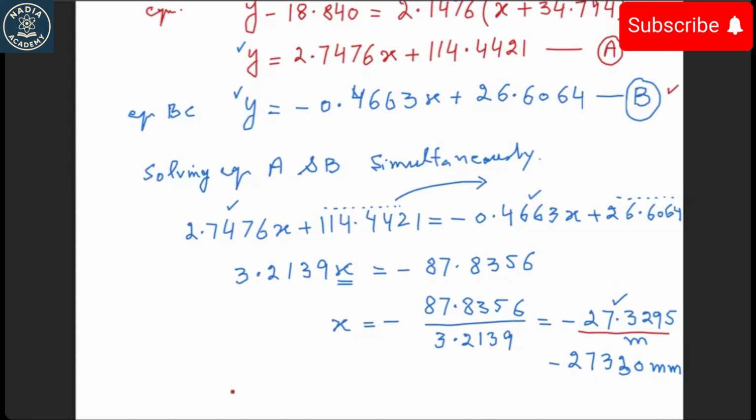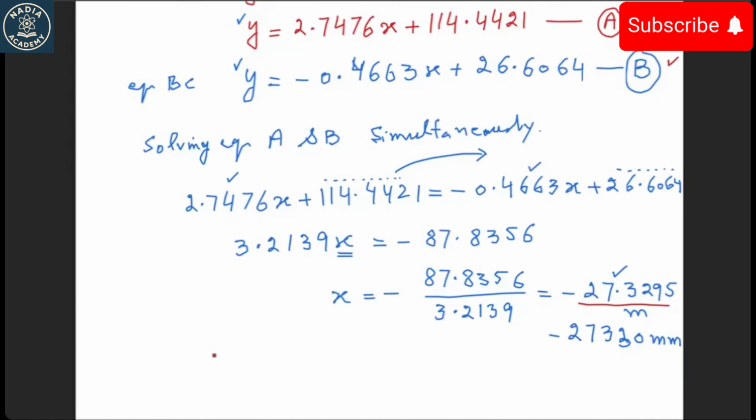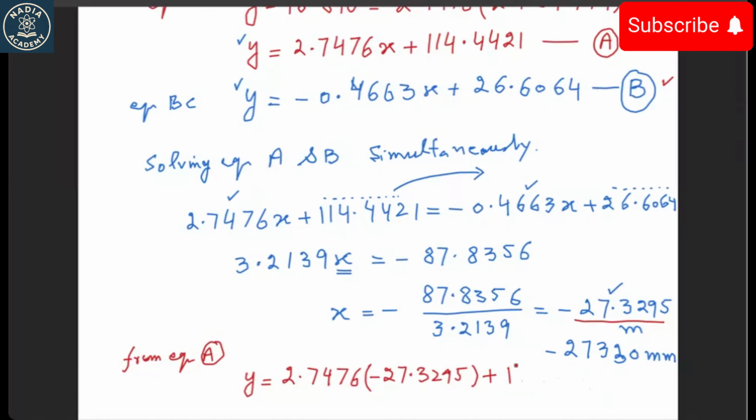For example, we use equation A, and from equation A, if we put this value, y is equal to 2.7476 times negative 27.3295, and we have a positive term there, so plus 114.4421.